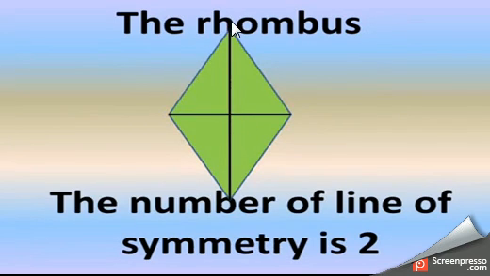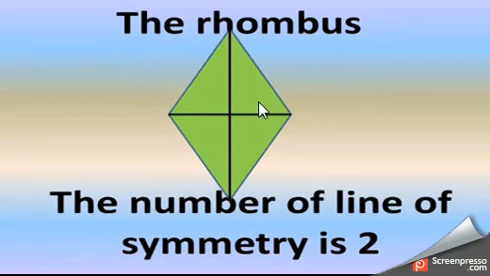Now, when I draw a vertical line, it will divide the rhombus into parts, and when I fold it, it becomes one. The first half over the second half will cover each other. Okay, mister, this is the first way.